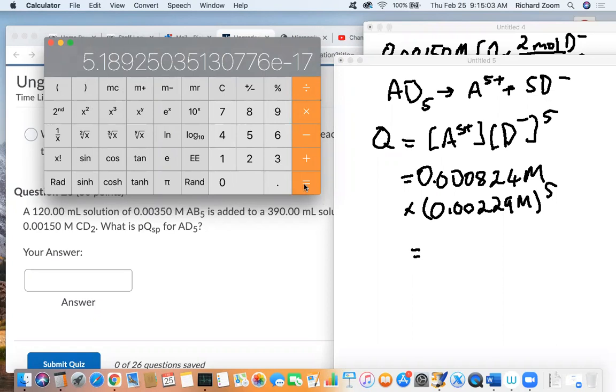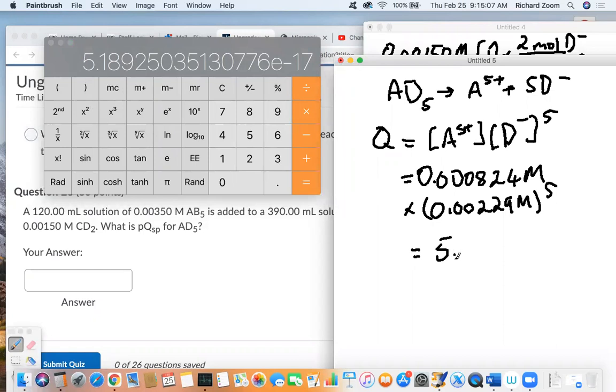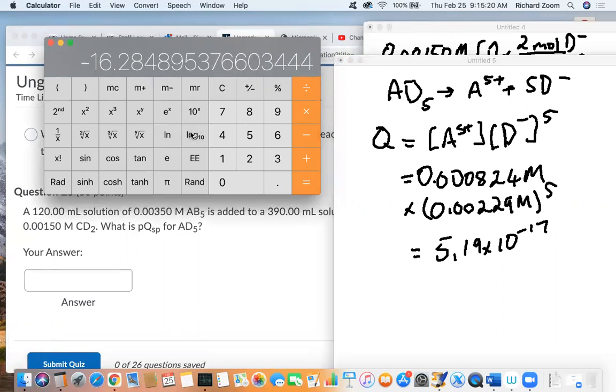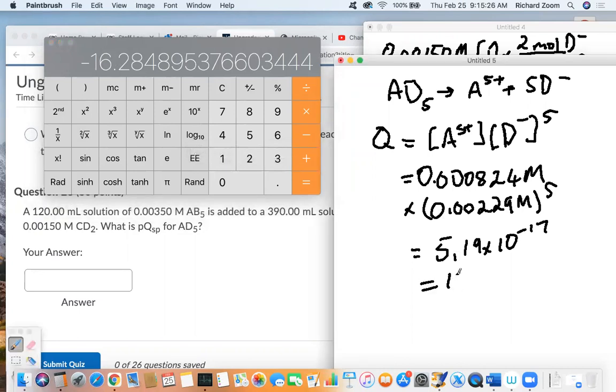And we get 5.18 times 10 to the negative 17, or 5.19 we'll say. And the PQ then would be, take the log of that, and we get 16.285. Which would be the answer you'd put in the box. Okay, any questions?